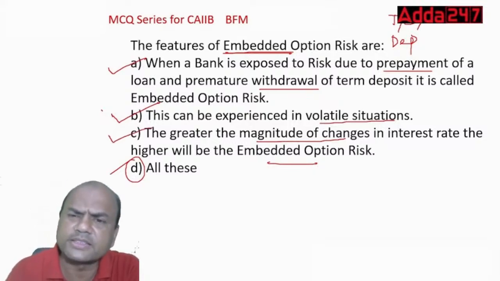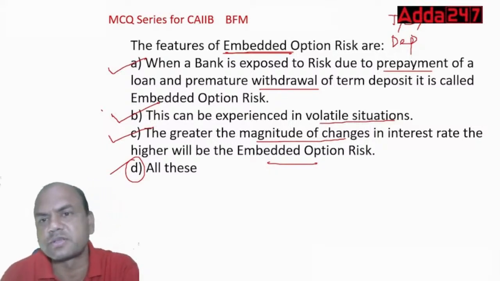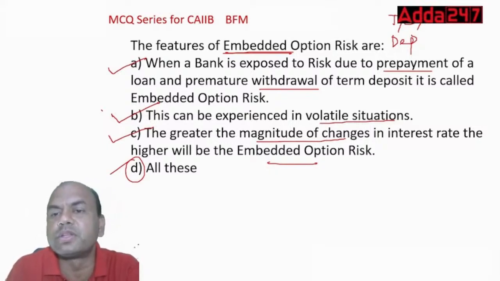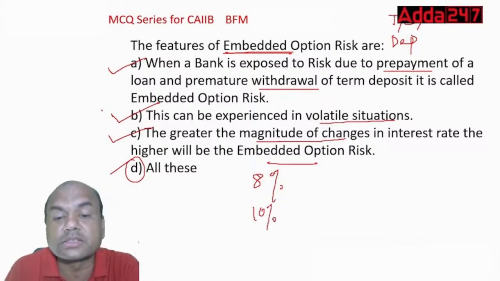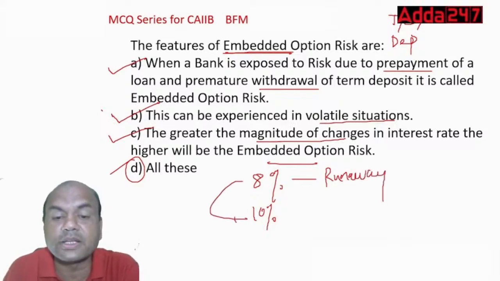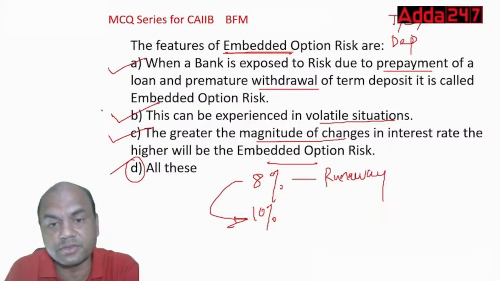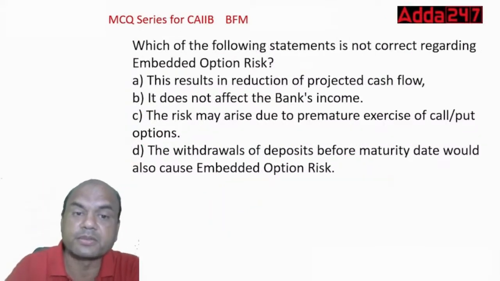These things do happen in volatile situations, because if the customer has a loan with you and due to volatility the rate of interest changes drastically, say right now you are giving the loan at 8% and due to the volatile situation your bank increases the rate to 10%, good customers will run away from you, they won't stay with you. Why? Because 2% extra is a huge amount for larger loans. So this is embedded option.